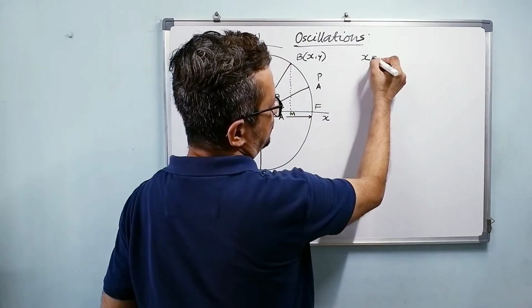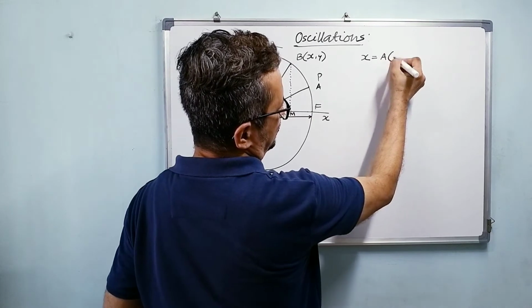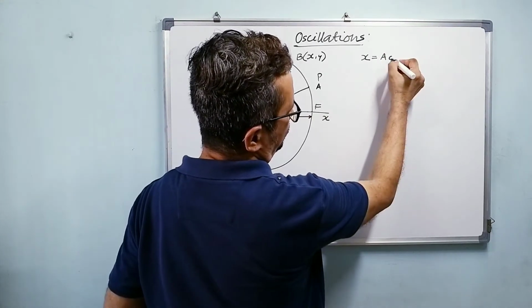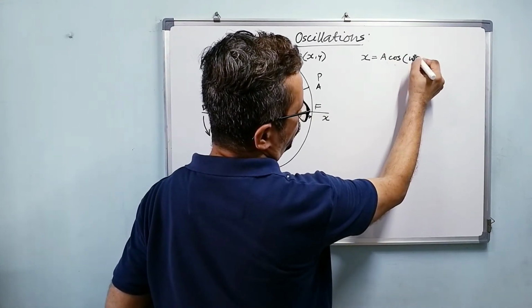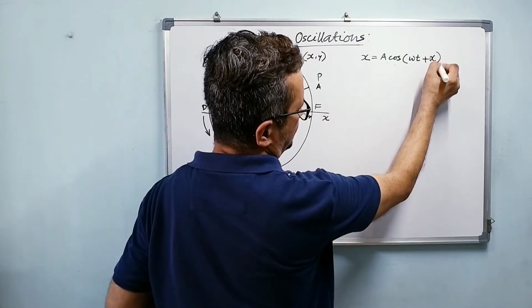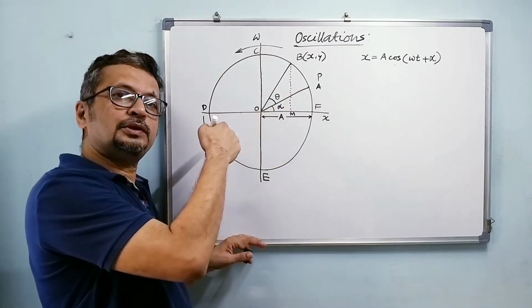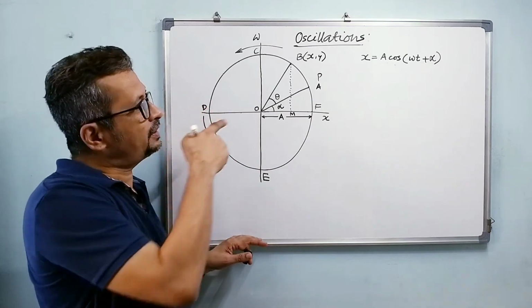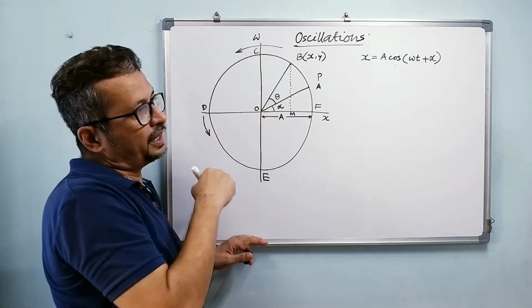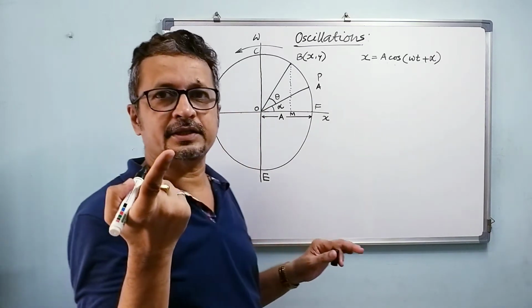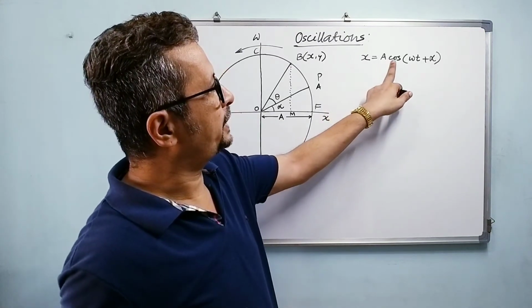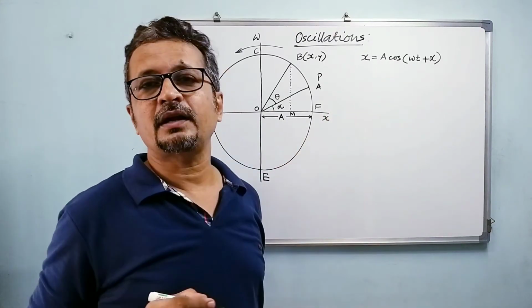So x is equal to A cos of (omega t plus alpha). Correct? Because my total angle is theta plus alpha. And what is my theta? Theta is my omega t, isn't it? So my x is equal to A cos(omega t plus alpha).